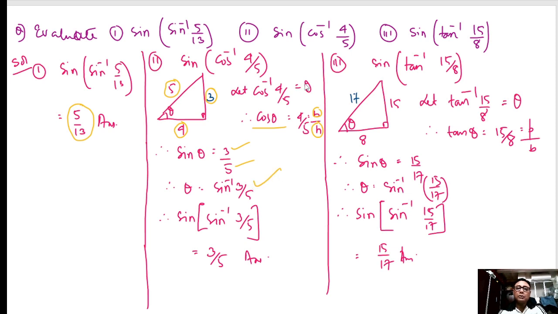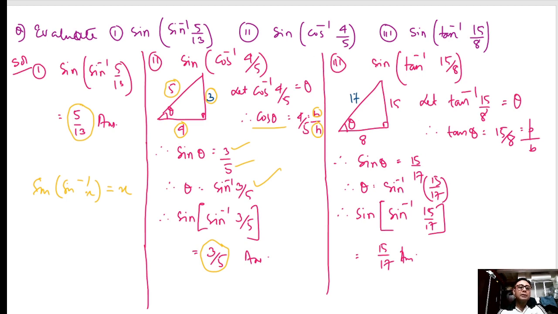So theta is sine inverse 3 by 5. So cos inverse 4 by 5 can also be written as sine inverse 3 by 5. Now it is sine of sine inverse x, and using the formula sine of sine inverse x is x, we get 3 by 5. Clear?